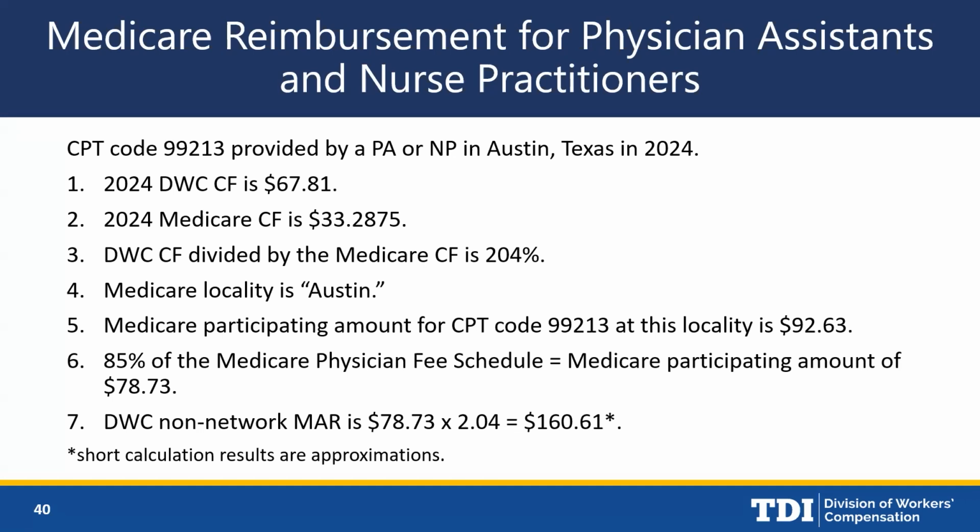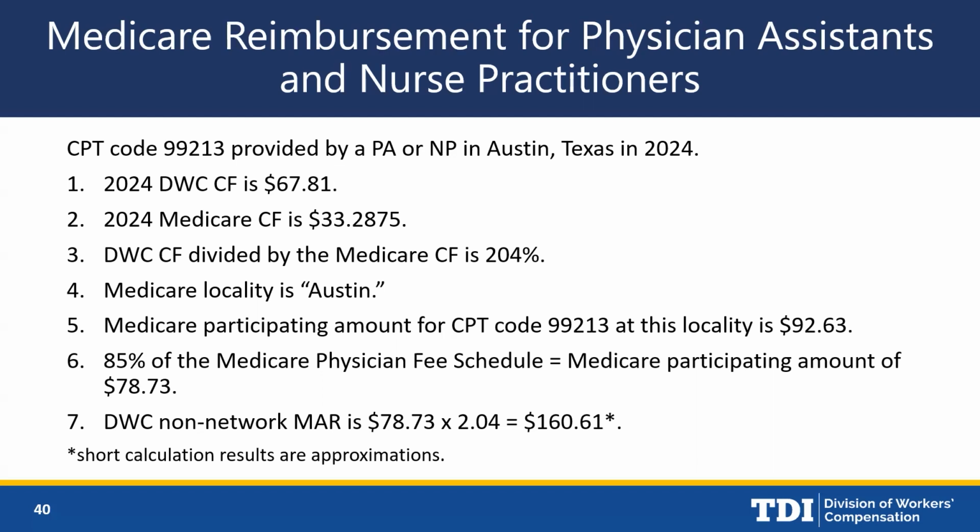Take ours, divide it by theirs. That's 204%. The locality is Austin. Find the Medicare participating amount for 99213, which happens to be $92.63. That's if you're billing directly to Medicare, which you're not, because this is workers' comp. You're billing the workers' comp carrier, and you're going to get 85% of that times 204%.